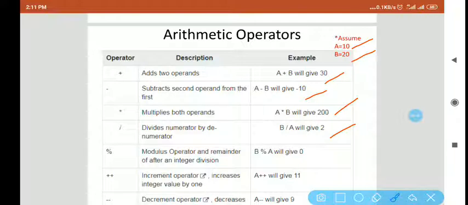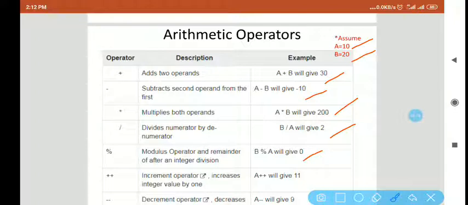Then there is the modulus sign. Modulus always gives the result in the form of a remainder, so it stores the remainder. If you do b modulus a, then the result will be 0.